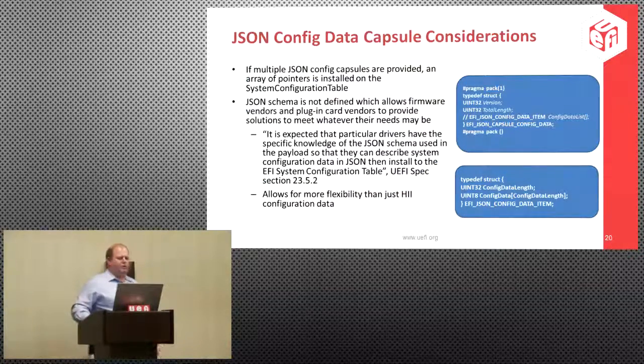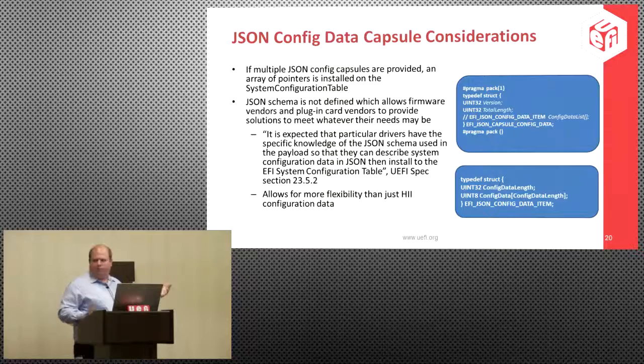So what are some considerations beyond the data capsule for the JSON data? As we already talked about, multiple JSON config capsules are provided. An array of pointers is located on the system configuration table. But the UEFI spec was quite clear that the definition of the JSON data is undefined. The schema is defined by the consumer and producer of the schema.